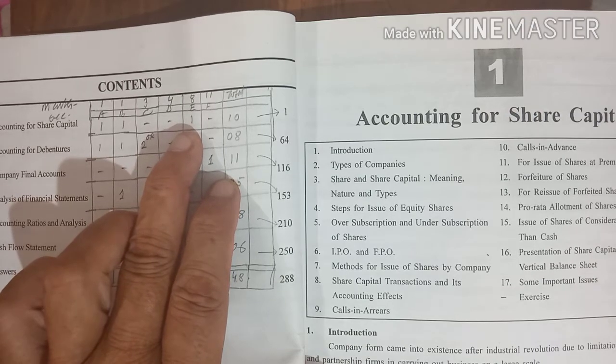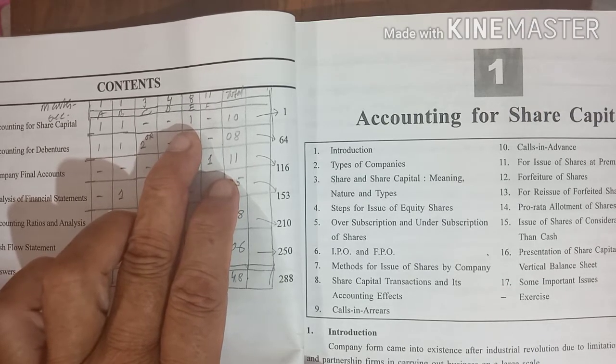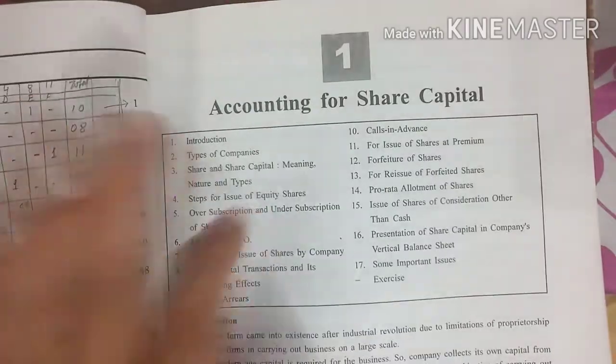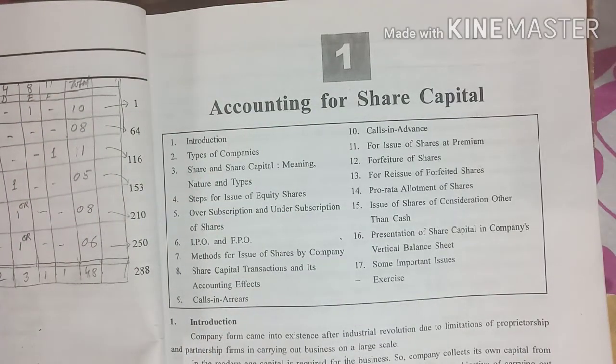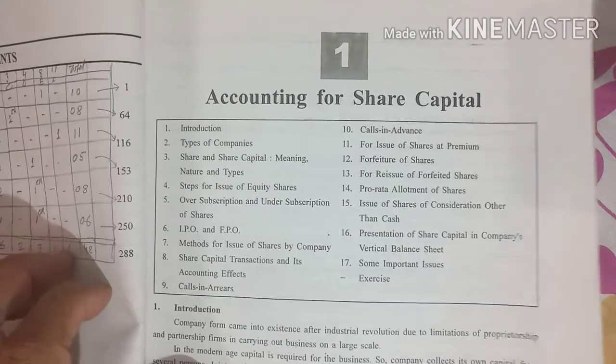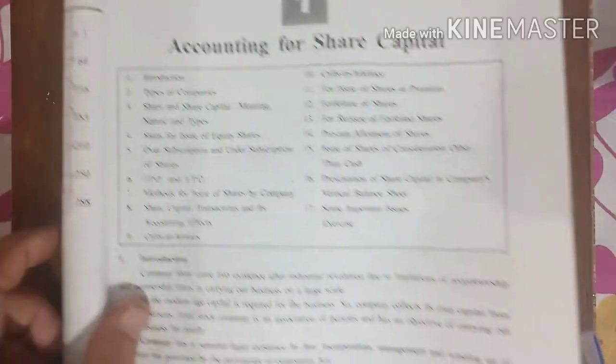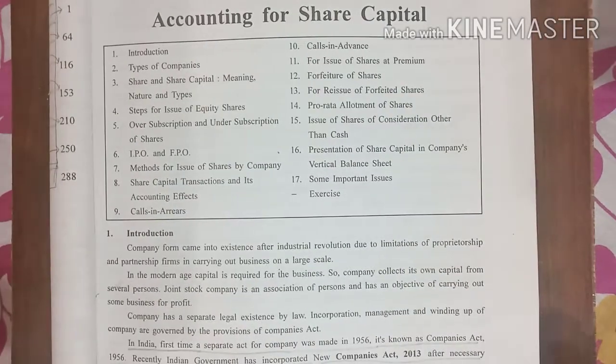So let you know what is called the accounting for share capital. Before starting this chapter, first of all, you have to know some of the theoretical part, because this theoretical part will help you to do the practical sums.